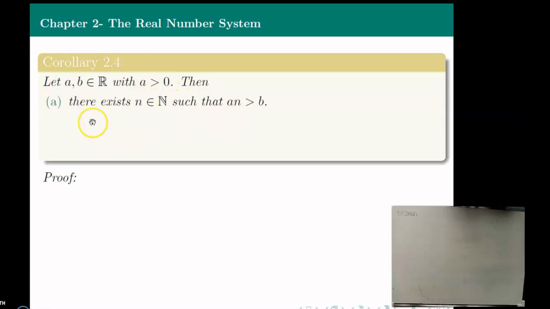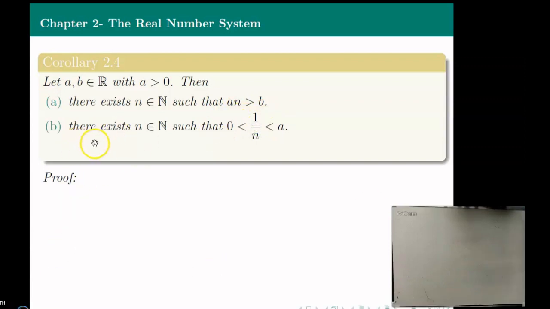Then, first, there exists a natural number n such that A times n is greater than B. Second, there exists a natural number n such that 1 over n is between 0 and A. Third, there exists a natural number n such that A is greater than or equal to n minus 1 but less than n.